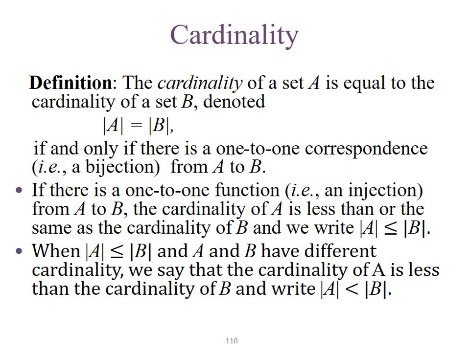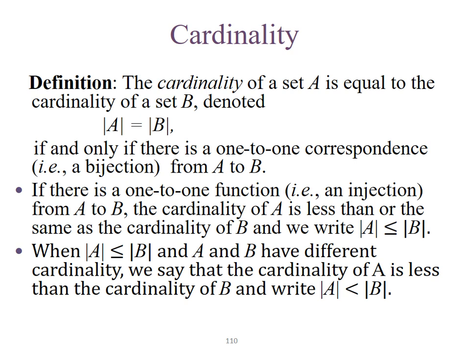Okay, so when we say equal cardinalities, that means there is a one-to-one correspondence from A to B. So you need to map each element from A to B by one-to-one correspondence.